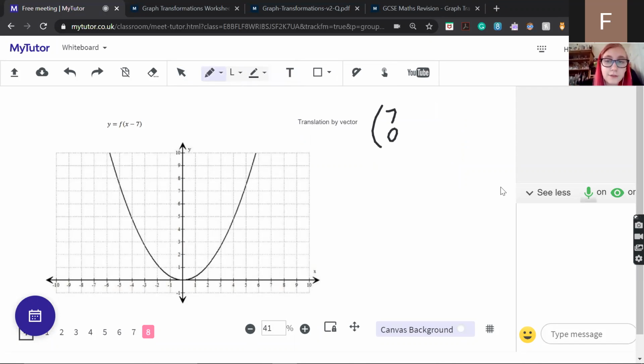So it's translation by vector 7, 0. So what that means is that this point here, this is one of the only distinct points that we can really see. We know that that base there is then going to be shifted 7, so it goes there.